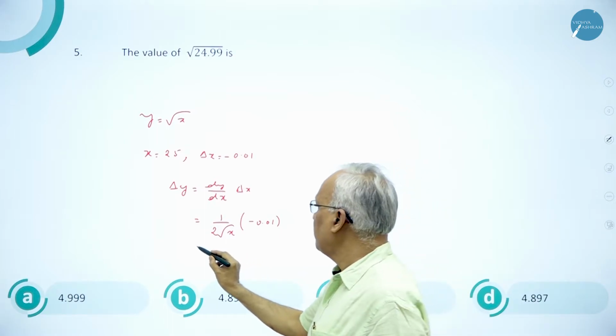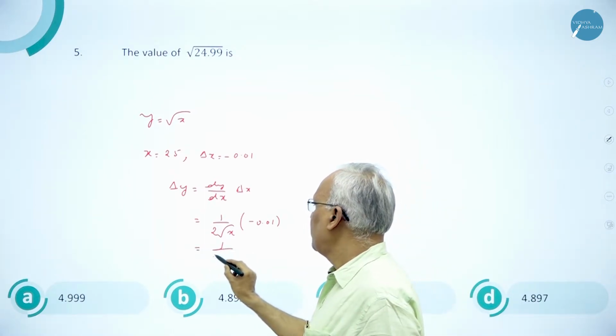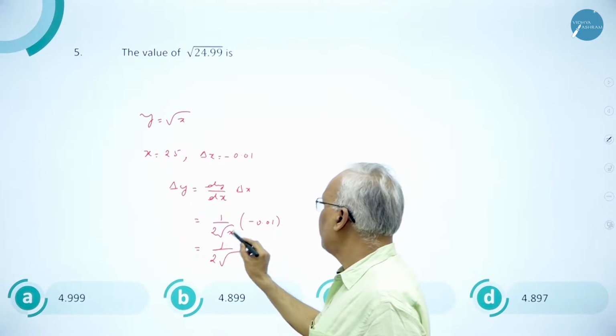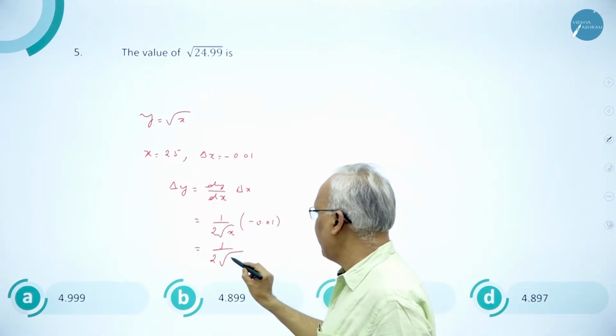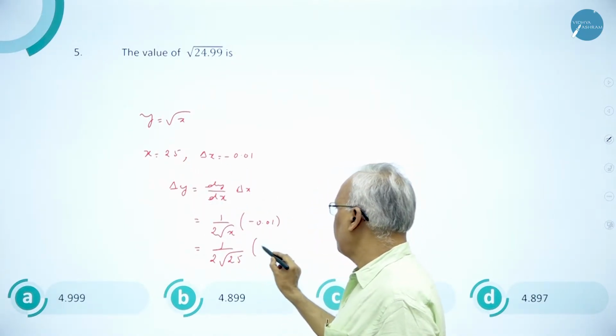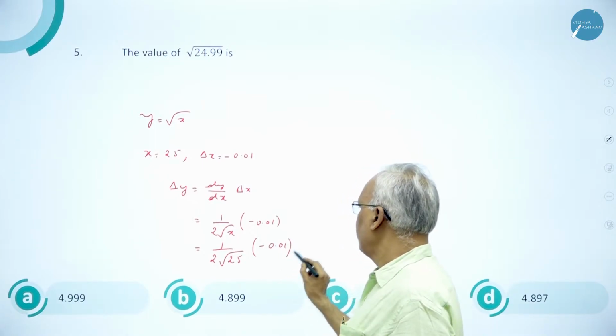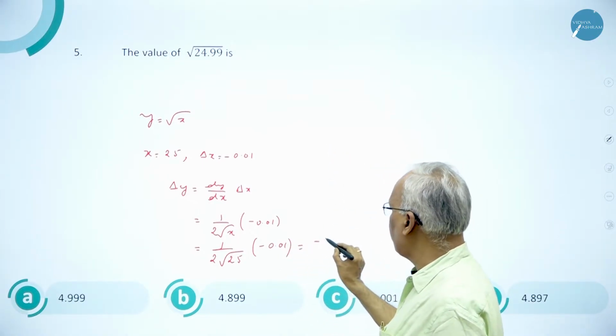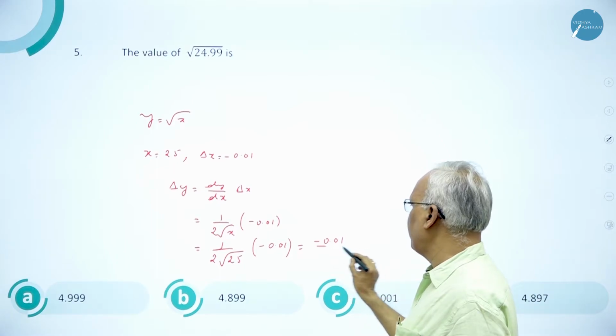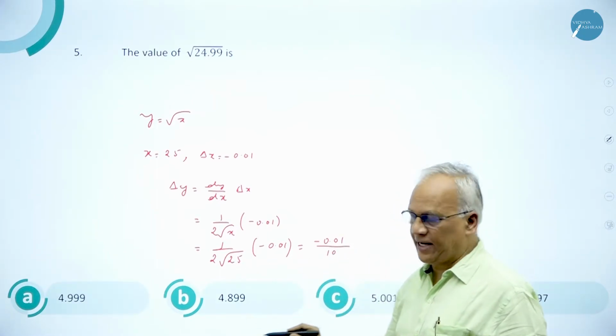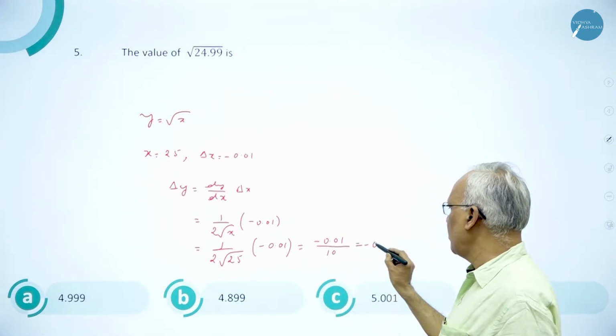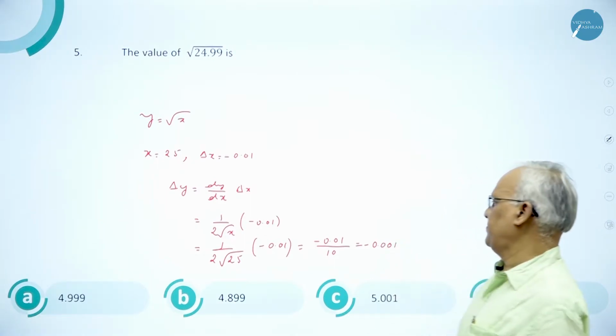So this is equal to 1 over 2 into square root of x. X is 25, substitute, into minus 0.01, which is equal to minus 0.01 divided by 2 into 5, that is 10, which is equal to minus 0.001.